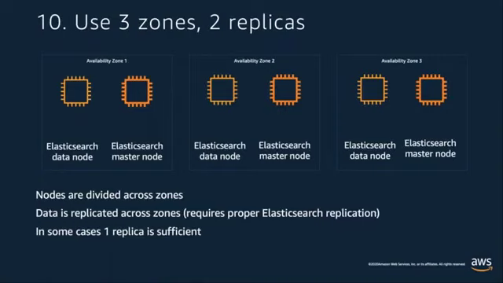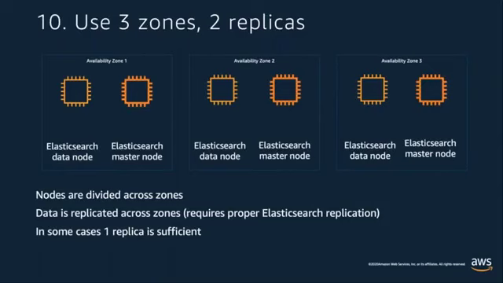So we generally see customers using 1 replica across 3 zones, but you should know that the more durable solution would be to use 2 replicas. We divide the nodes evenly across the zones, and then the data is replicated across the zones. So we ensure that Elasticsearch has a copy, a primary or replica, for each of the shards in each of these zones.